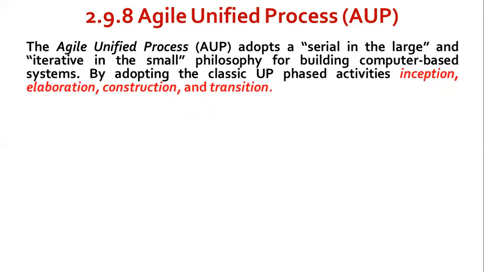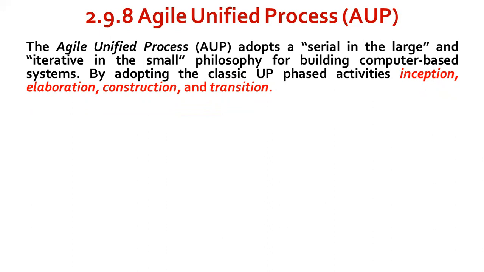Now coming to the eighth one, that is Agile Unified Process, AUP. Here the Agile Unified Process adopts a serial in the large and iterative in the small philosophy for building computer-based systems.